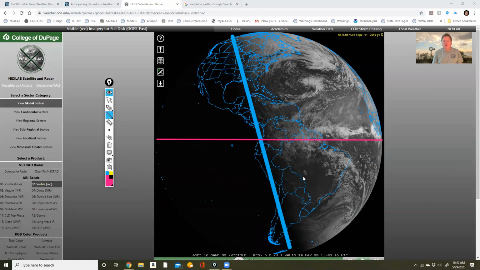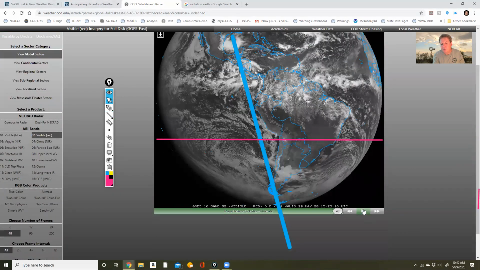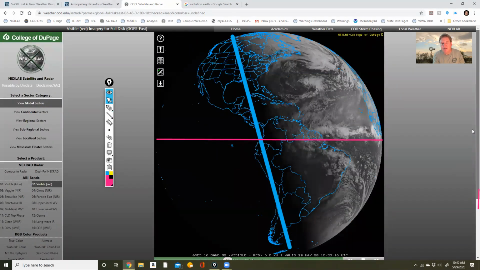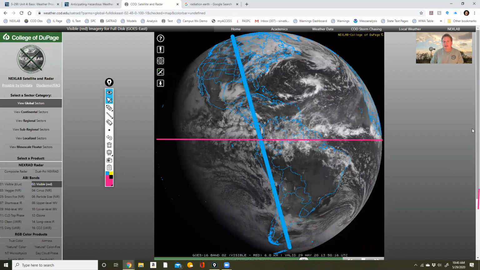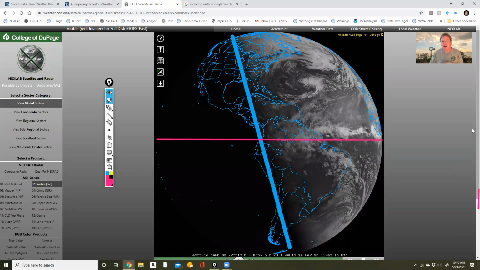So the fact that the sun is longer time and more direct in something like this tells me that we get a variation in the year from the tilt that causes seasons.